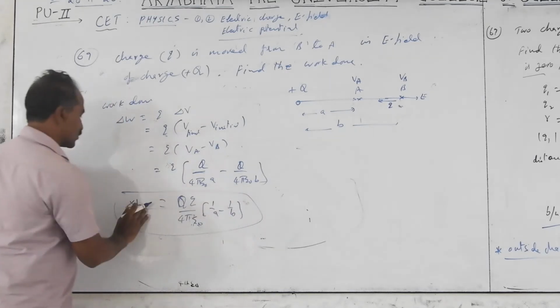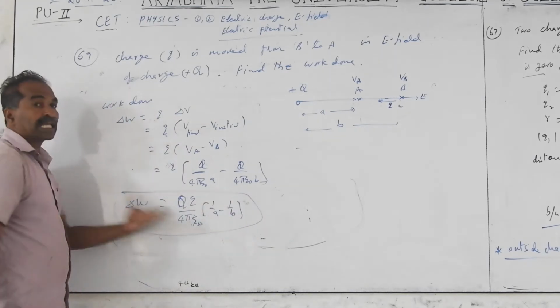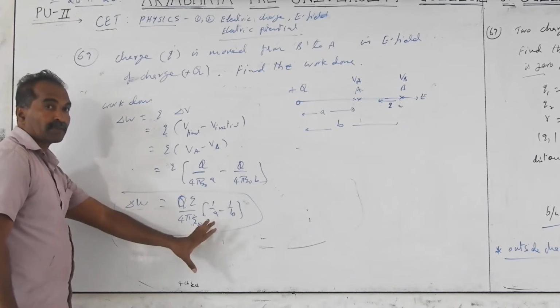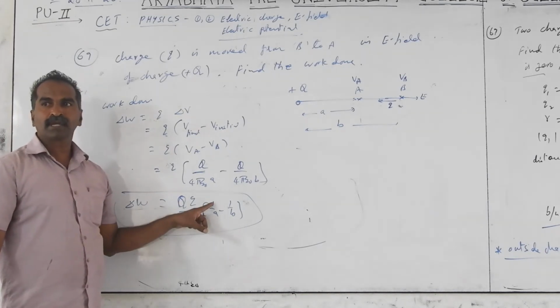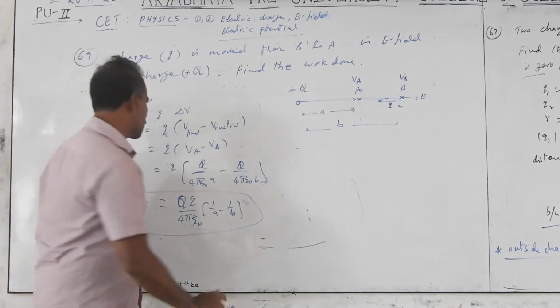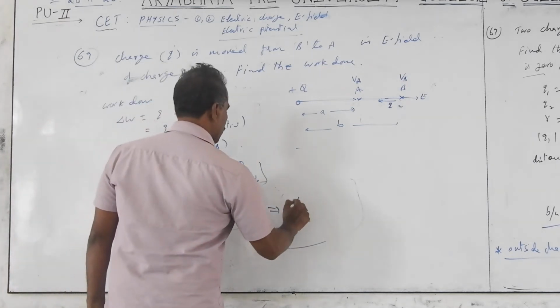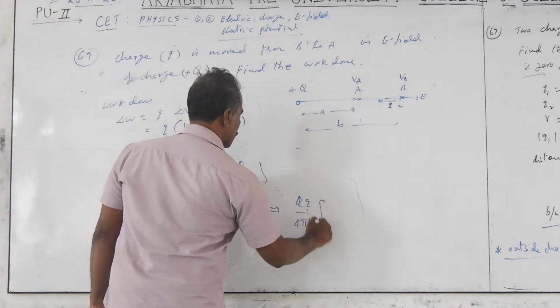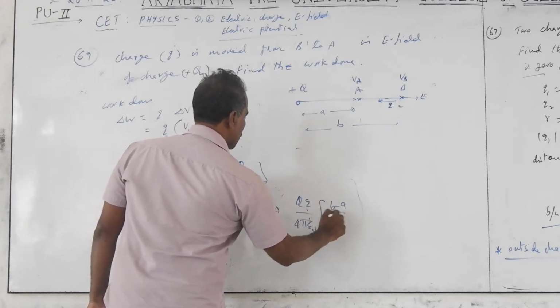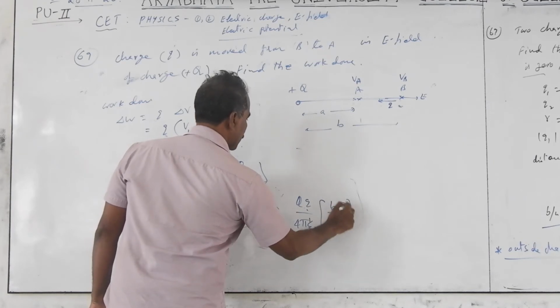They may leave it like this only, or sometimes they will ask you to take LCM. The denominator becomes AB, numerator becomes B minus A. So this can also be written as qQ by 4 pi epsilon naught into (B minus A) by AB.